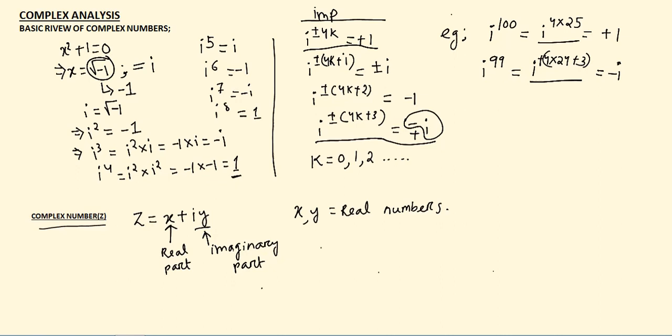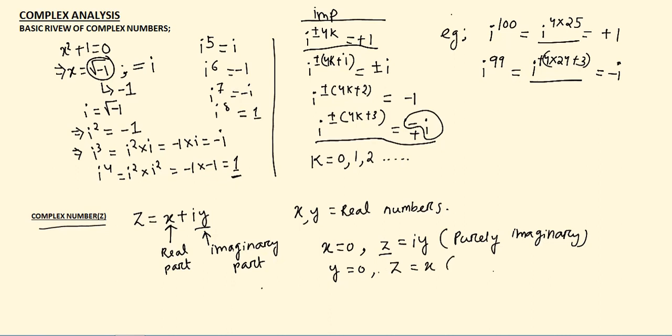If you take x equal to 0, then z equal to iy, so the complex number z will be purely imaginary. Similarly, if you take y equal to 0, then z equal to x, so the complex number z is purely real.